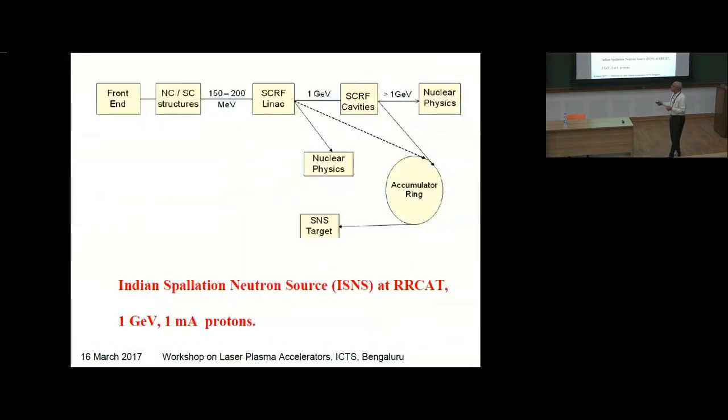The Spallation neutron source, again, you start with a whole set of small different types of accelerators. There will be a front end, a radio frequency accelerator, and then some normal structure, then taken over by superconducting structures, a linear accelerator, again up to 1 GeV, of the order of a milliampere of protons that is required to generate neutrons, a very high flux of neutrons, which can be used for other purposes.